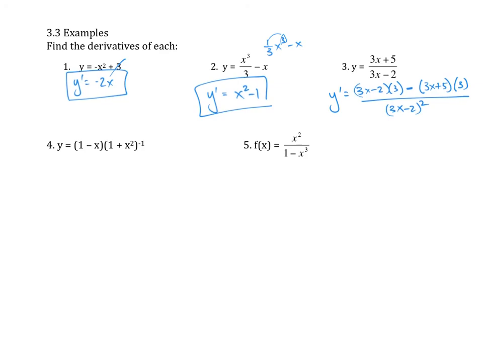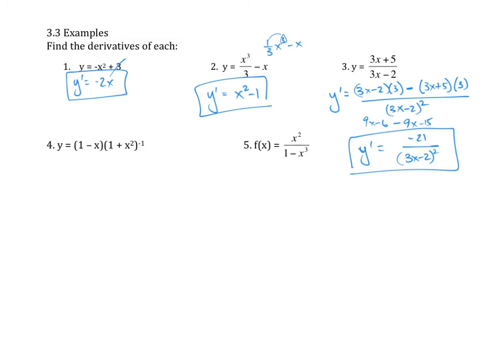Okay, so now I'm just going to clean up the top here, and I will get, cleaning all this up, you can say 9x minus 6 minus 9x, and this will be minus 15 again. So on the top you'll get negative 21, on the bottom you'll have this 3x minus 2 squared. You don't need to FOIL it out, so y prime equals that.